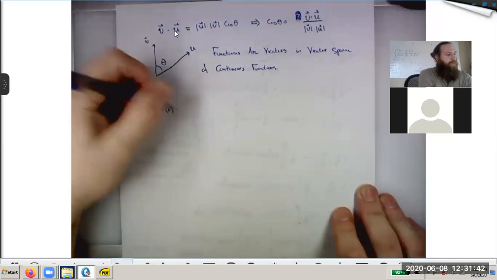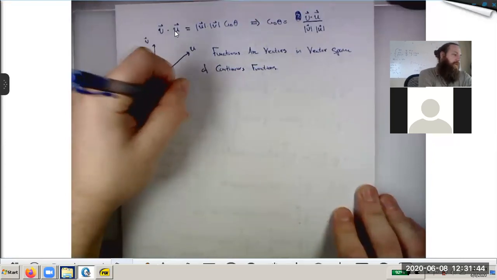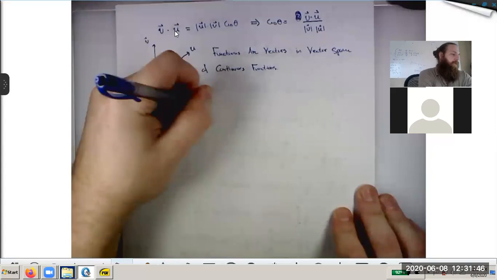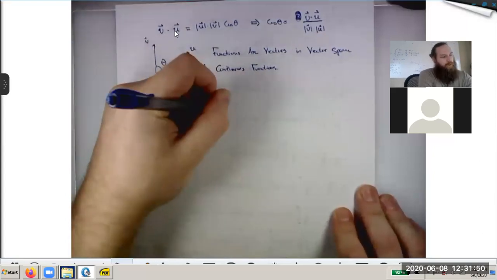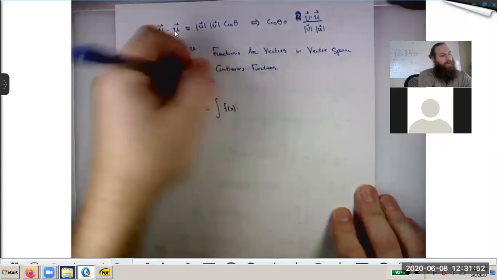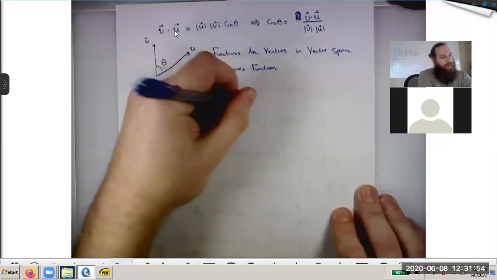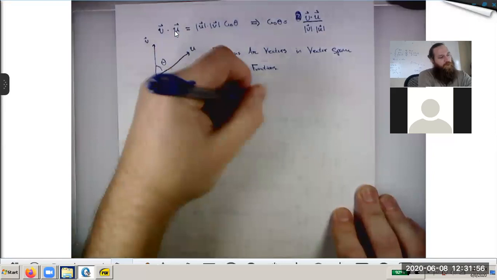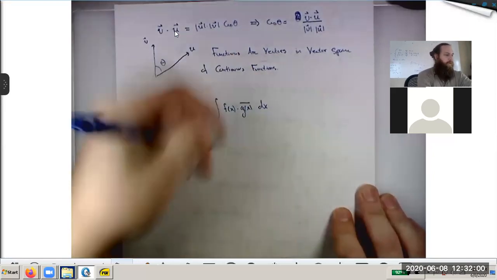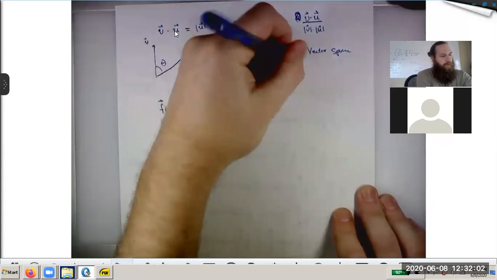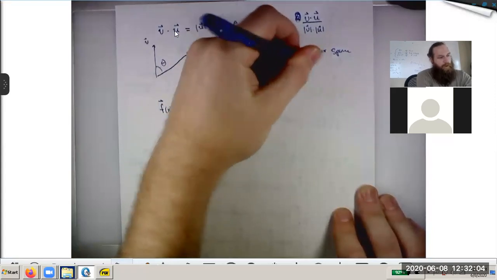So if I think of two functions, f of x and g of x, as vectors, I can define their dot product as the integral of f of x times the complex conjugate of g of x. And here you would integrate over wherever, say on 0 to pi, because that's what we're doing.